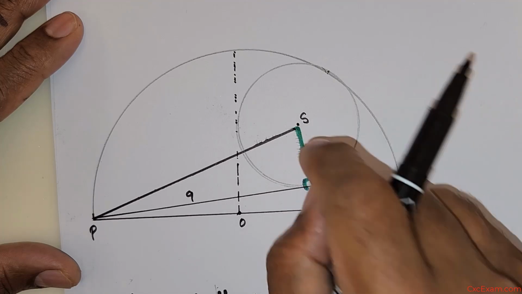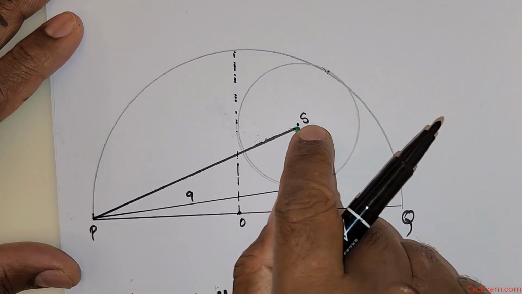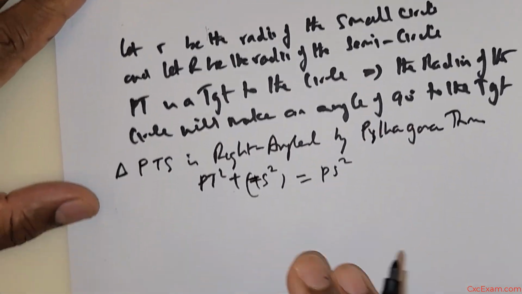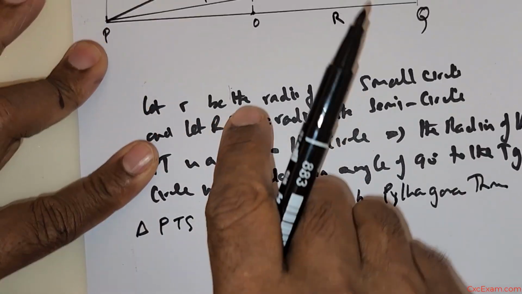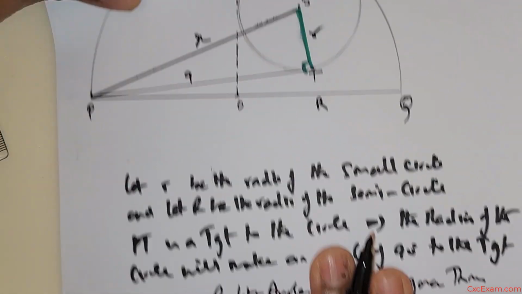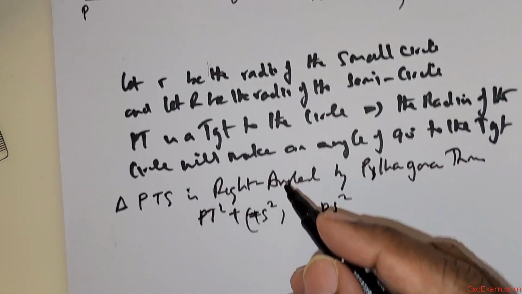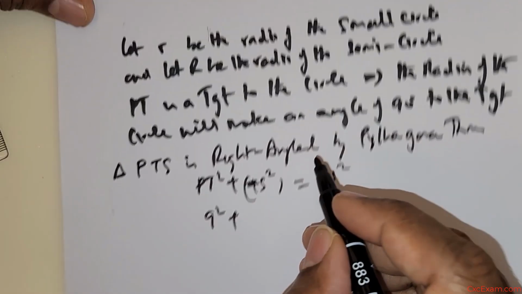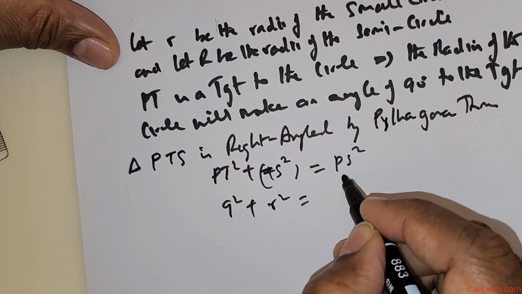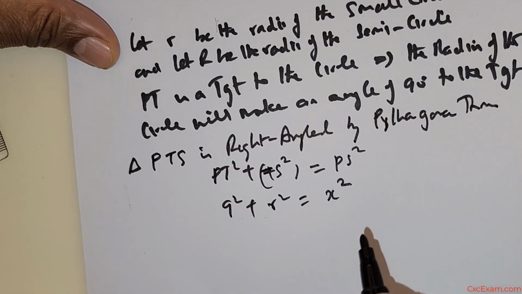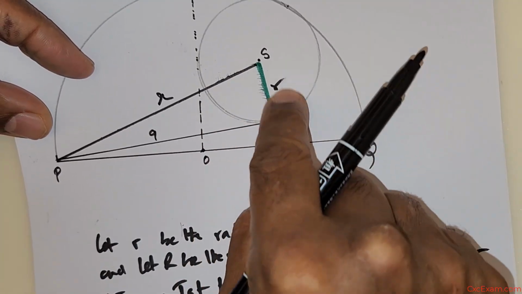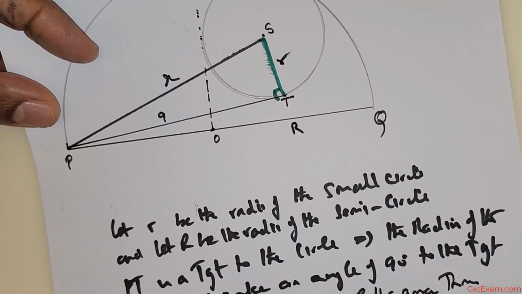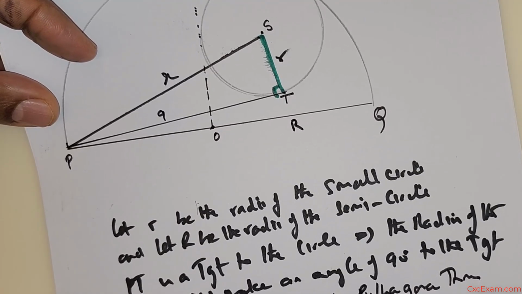Now this distance is r. This distance I'm going to take as x. So this entire length is given as 9 units. So this is 9 squared plus r squared is equal to x squared. So we have got that out of the way.